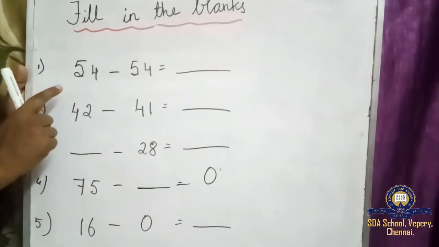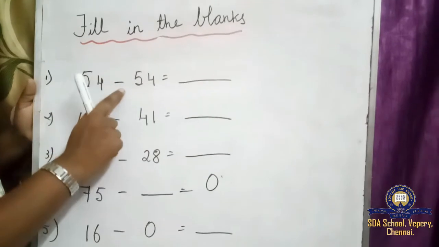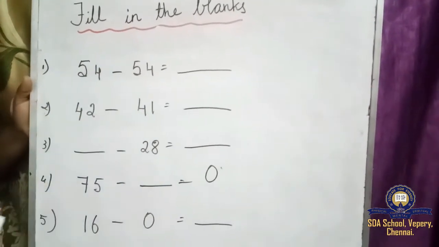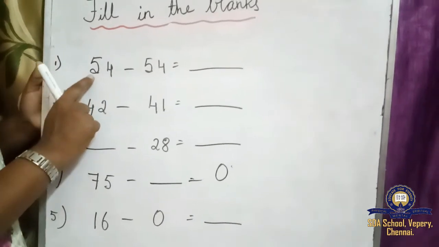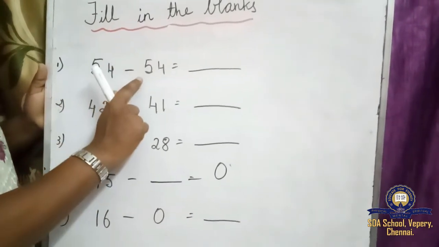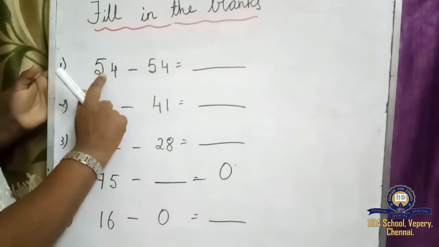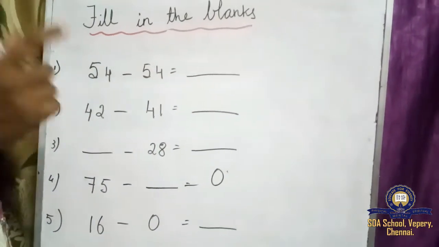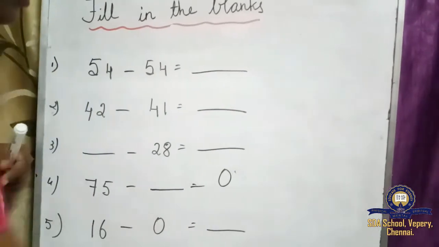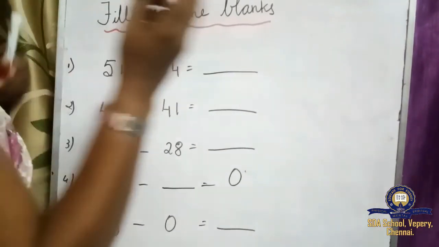This is when a number is subtracted from itself. The difference is always what? You get 0.